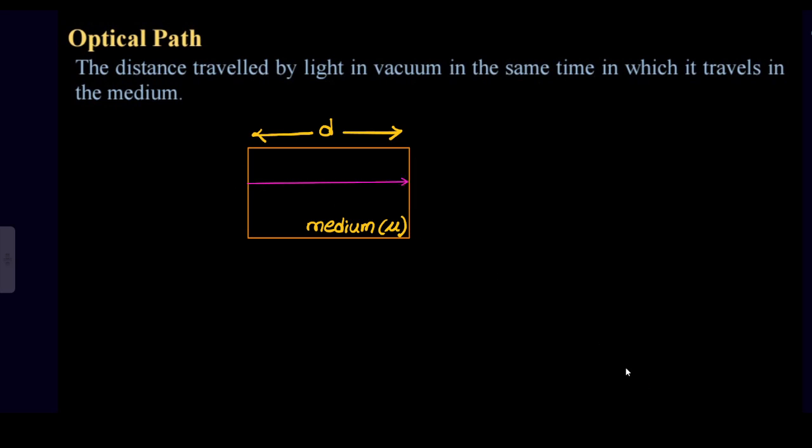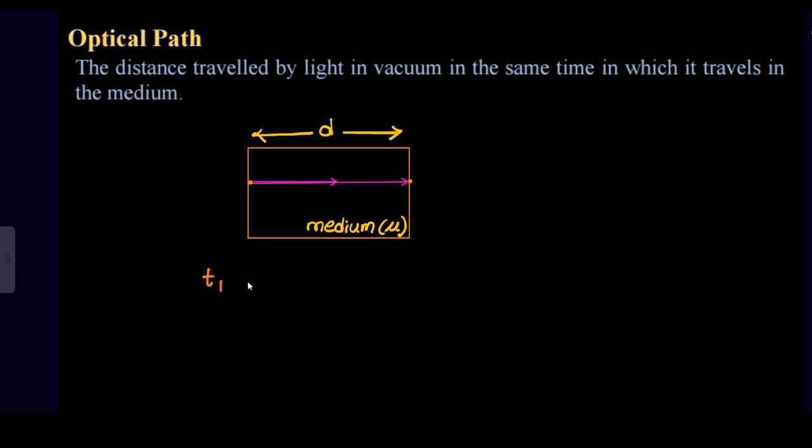For the light ray to travel to here, it will take some time, right? So can you tell me how much time is taken by the light ray to move from A to B, a distance D?